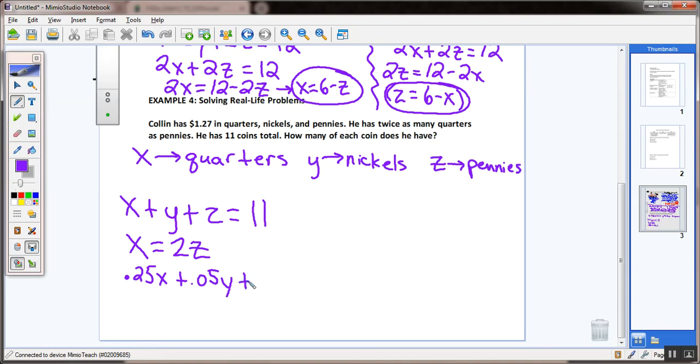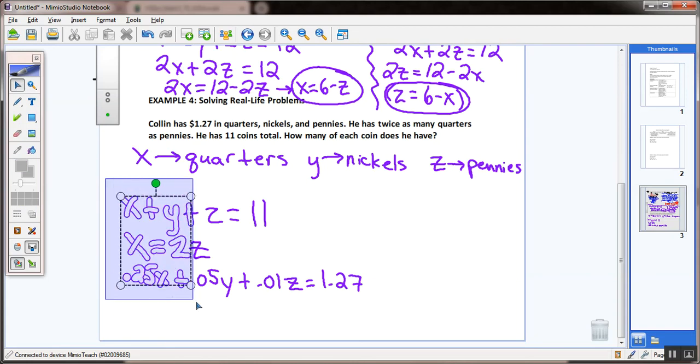What's each penny worth? How much money total? How many equations did I write? 3. How many unknowns are there up there? Okay. This would be your system right here if we had to start this.